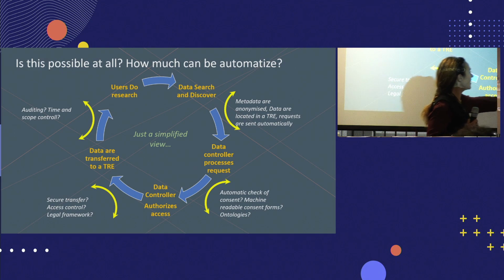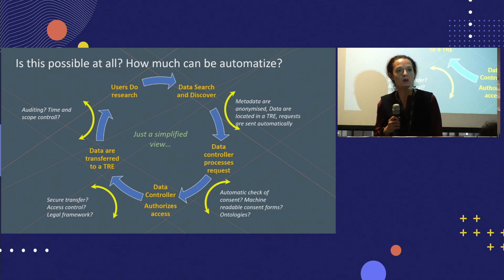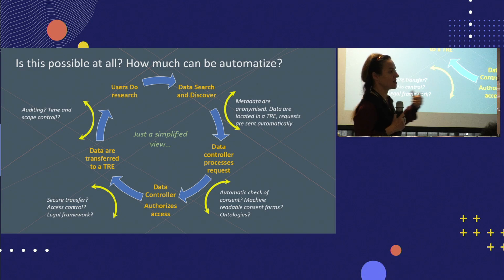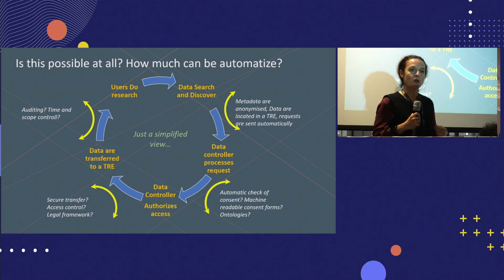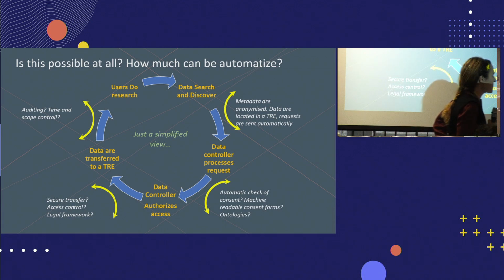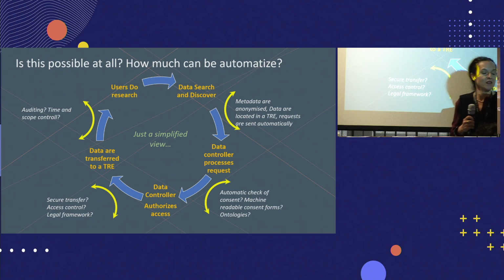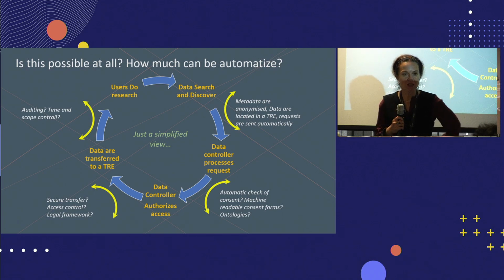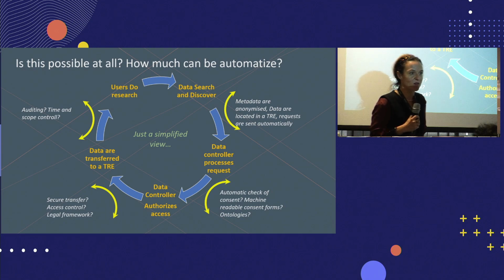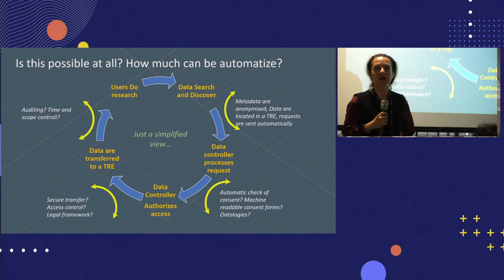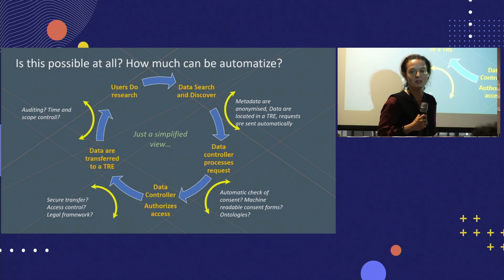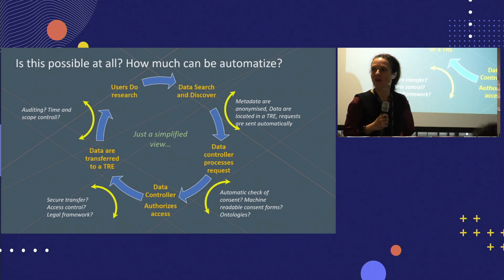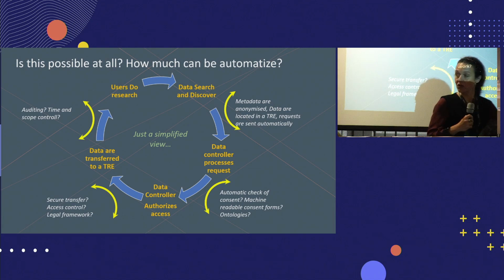What I'm questioning is, can we imagine a situation where we automatically send a request, the data controller gets the request and checks a consent, and the consent is machine readable and according to an ontology, so that across borders, across domains, it can actually be translated into yes or no, you can get the data or not? That's a challenge.